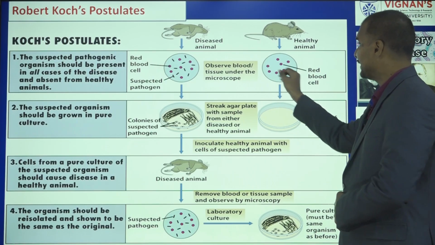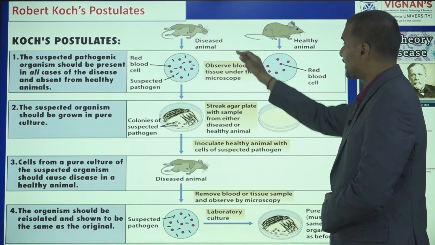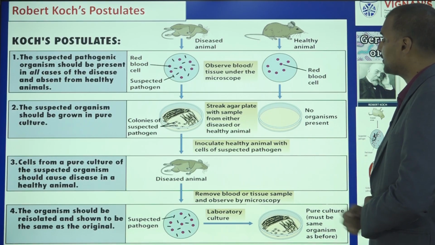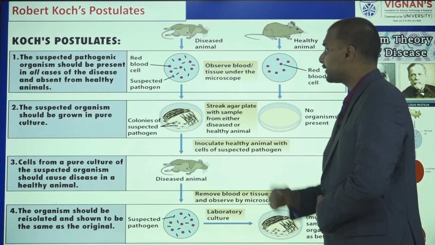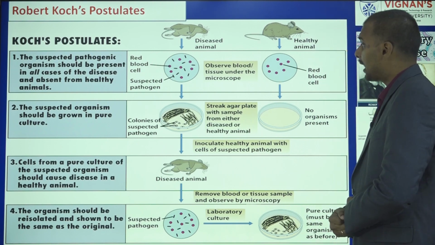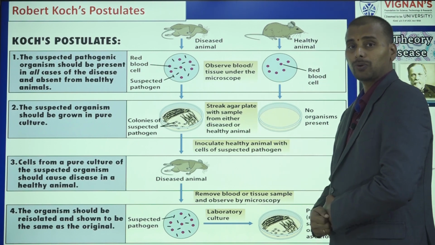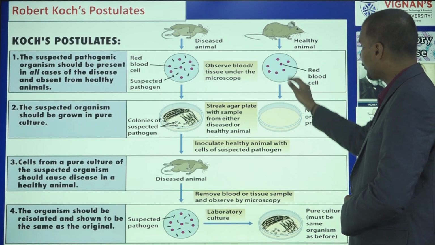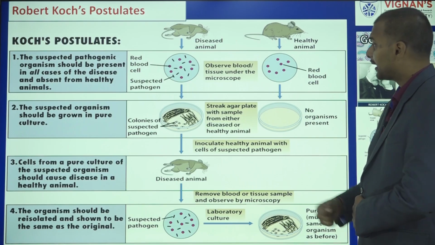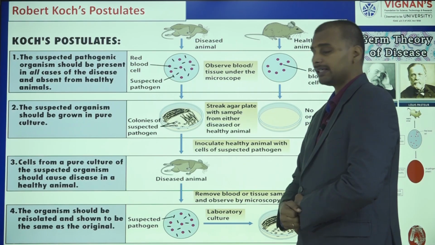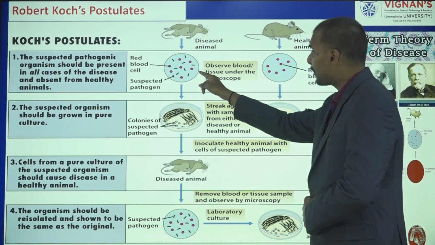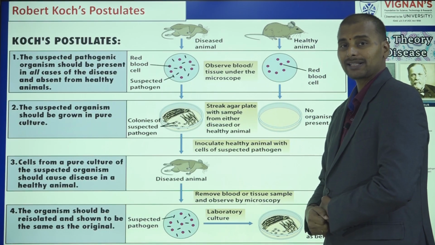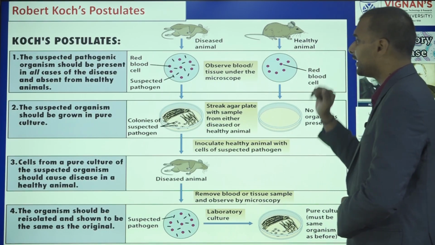You can see here this is the diseased animal, and this is the healthy animal. When they took the blood samples and observed them under the microscope, comparing both, here only RBCs are there, while here along with the RBCs there are certain microorganisms, which are absent in the healthy animal.